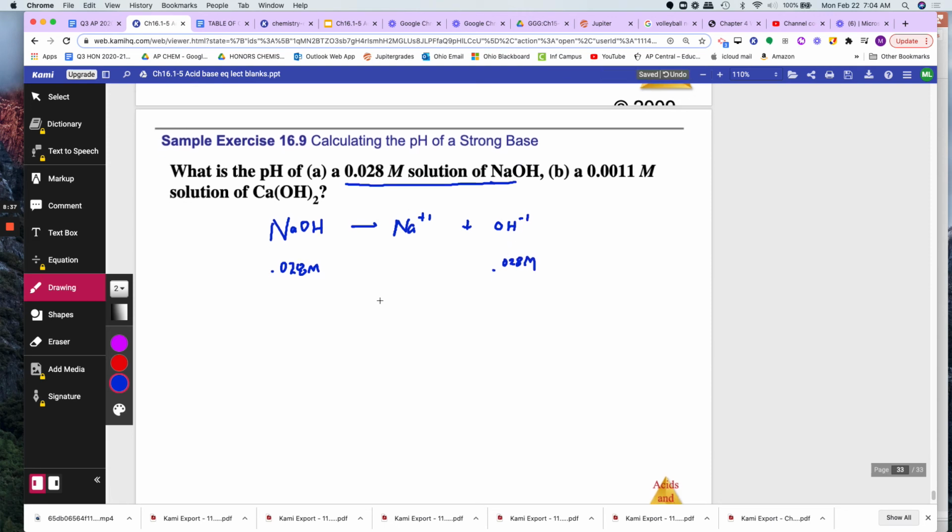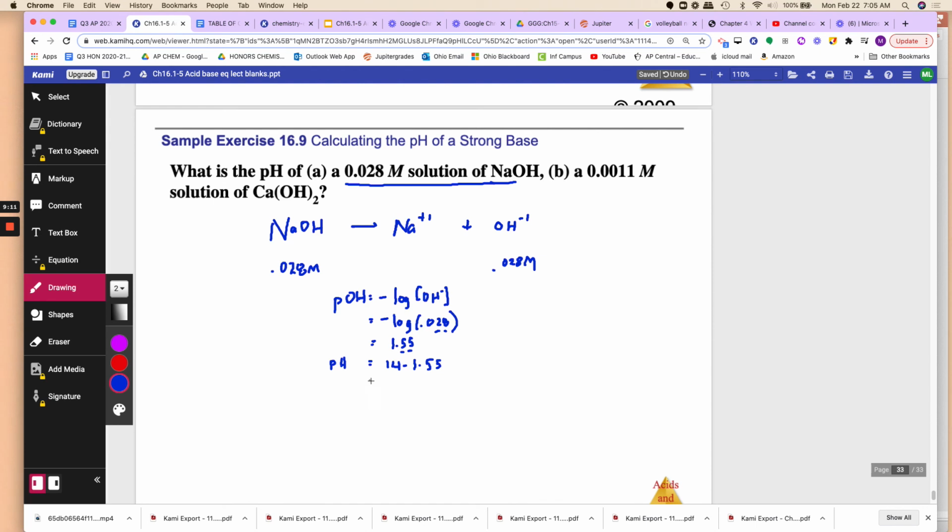Which means to get the pH of this, you have to get the pOH first. pOH is equal to negative log of the OH-, which is negative log of 0.028. That has two sig figs. So my pOH will be 1.55, two sig figs. And my pH will be 14 minus 1.55, because pH plus pOH equals 14. So it'll be equal to 12.45.